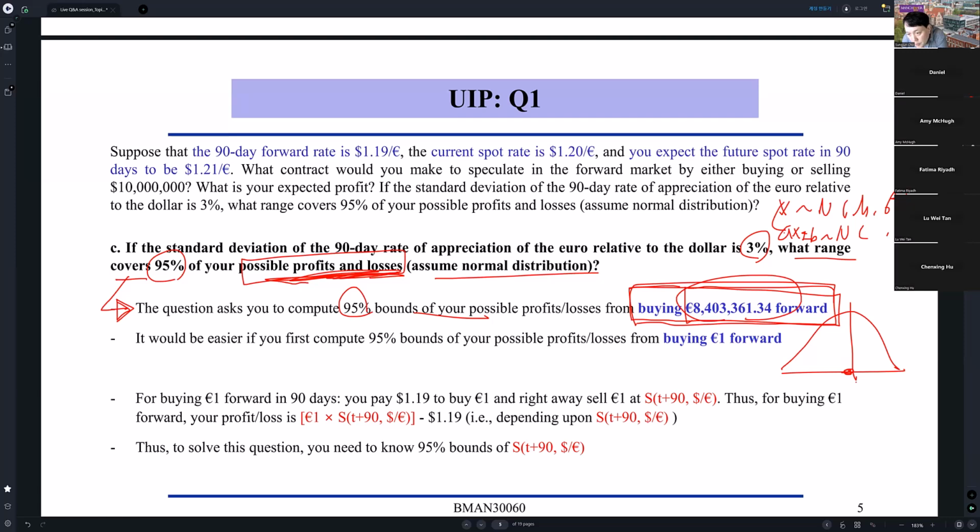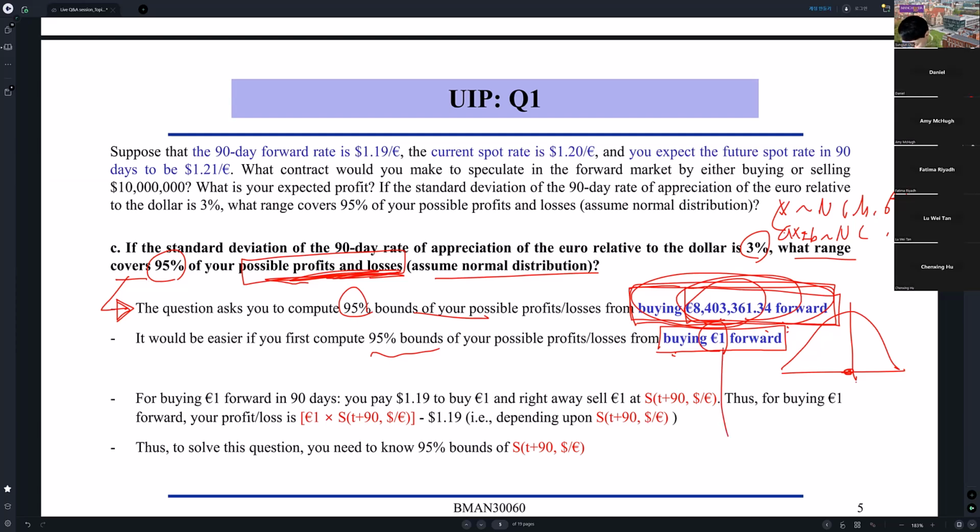When you compute profit and loss from buying the whole thing, first of all, it's better to compute the 95% bound of the profit and loss from buying €1 forward. Once you get the 95% distribution of this one, you just need to multiply the whole amount onto that 95% bound.